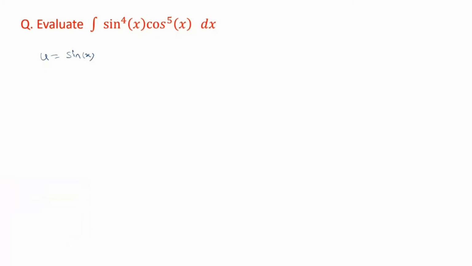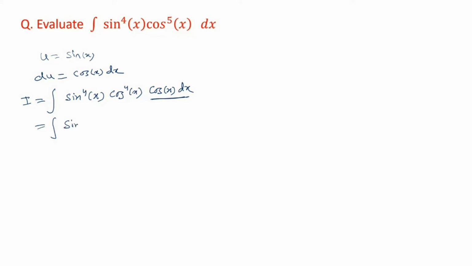Let u equal sin x, du equal cosine x dx. Now the integration reduces to sin to the power 4 x as it is, and cosine to the power 5 x we separate as cosine to the power 4 x times cosine x dx.